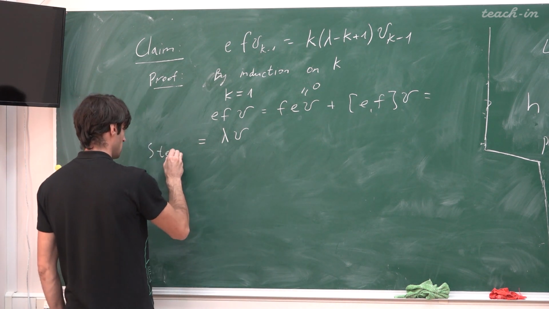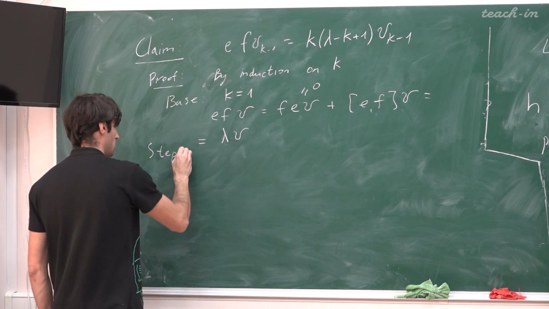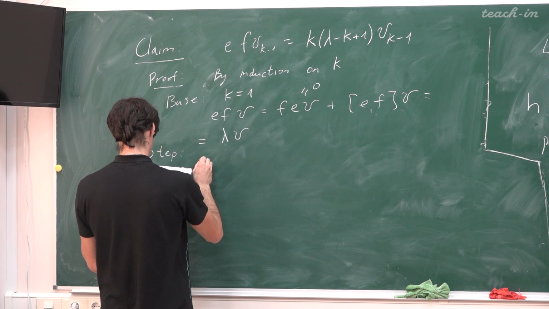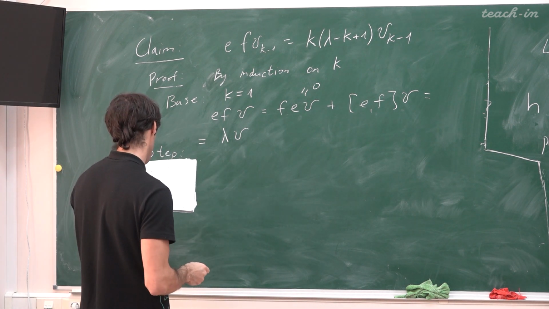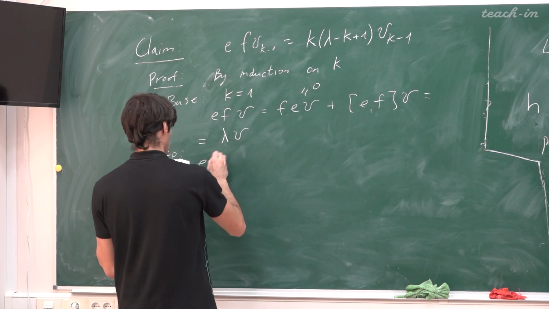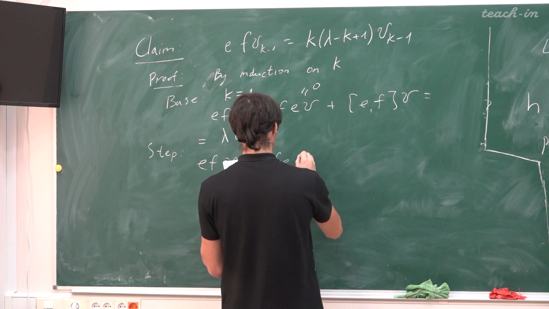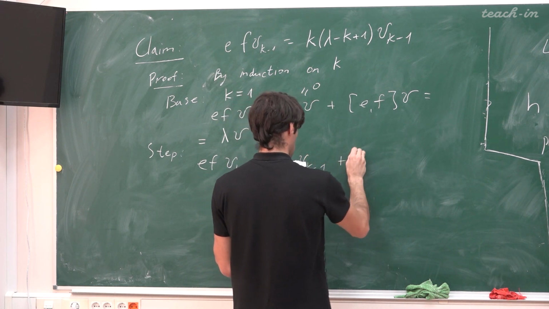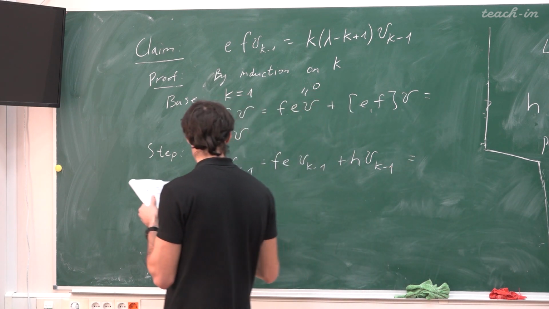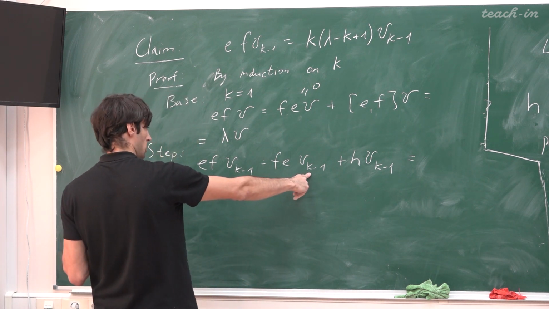Step of induction. So it's base. It's step. Suppose that I know this thing for k minus 2, and I would like to prove it for k minus 1. So I take EF Vk minus 1. Again, it's FE Vk minus 1 plus H Vk minus 1. Now I need to remember what is Vk minus 1.